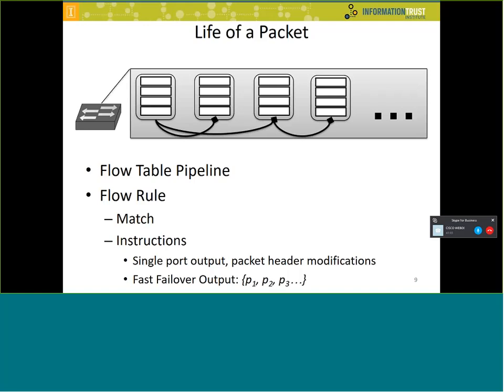Besides those two key things, there are other things that these switches are also capable of. Since there are multiple tables here, they can modify packets from table to table to table. So they can modify a field. There will be a table in the switch which will be slapping a VLAN tag on the packet. Or there will be a rule there which will be popping out the VLAN tag, removing the VLAN tag.